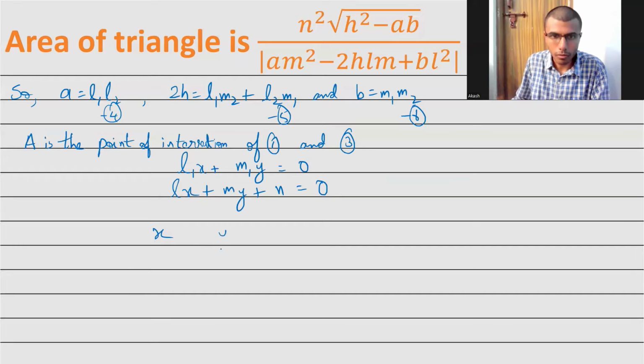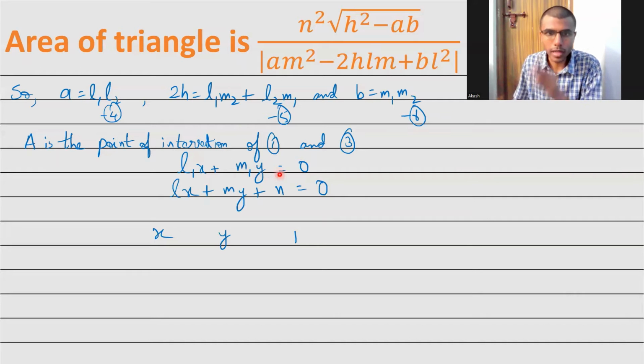x, y, 1. Under x, first I would start with the coefficients of y, that is M1 and M. This one is L1x plus M1y plus 0. The constant is not there, so that is 0.